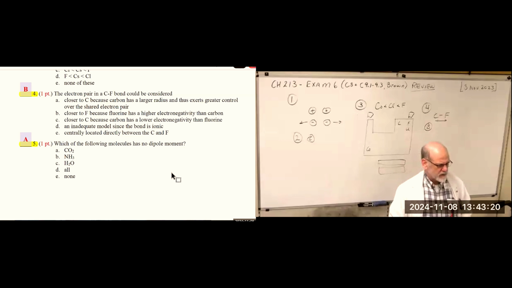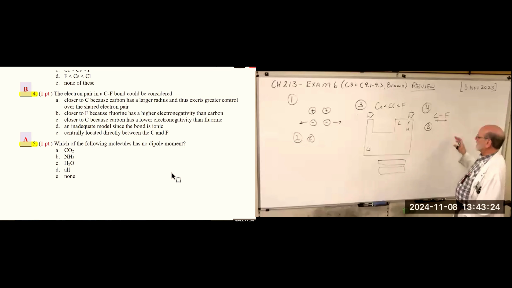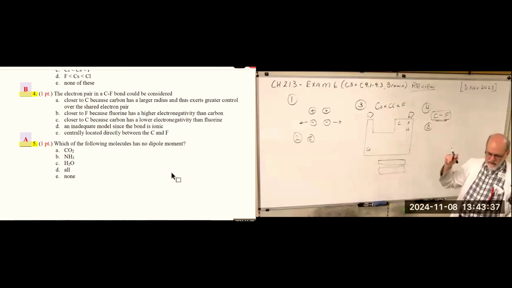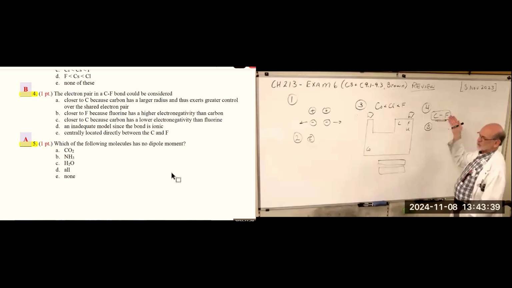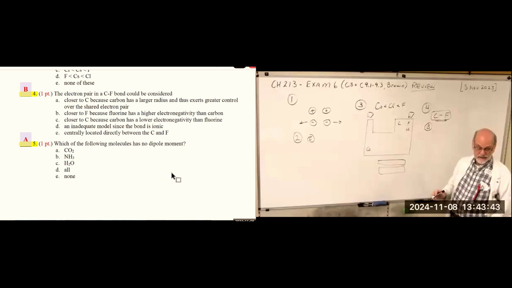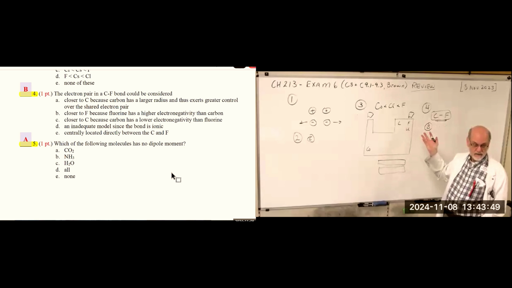And when we say the pair is closer to fluorine, what we mean is the distribution of electron density in this bond. If you look at the whole possibility for the bond, most of the density is in here. We imply that the pair is exactly between them, but it's not really, because Heisenberg's uncertainty says we can't know exactly where those electrons are.